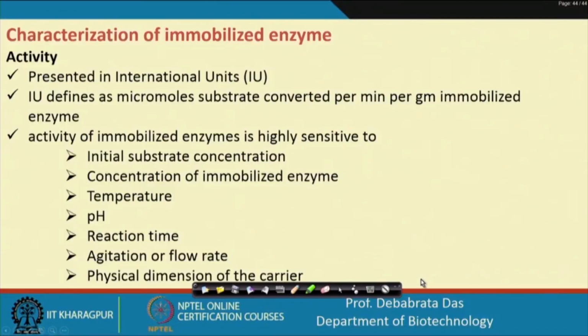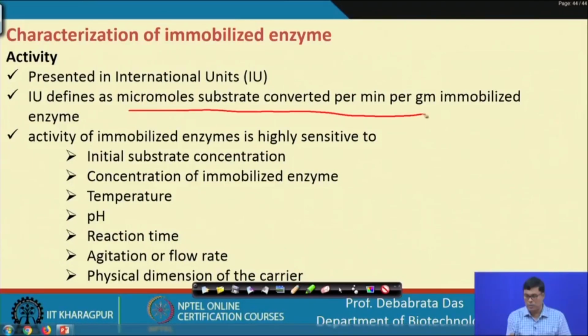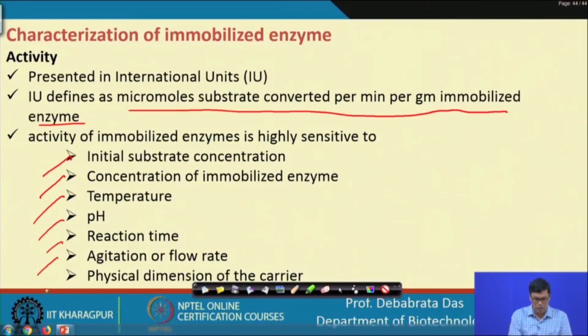Now the next question that arises, how do you express the activity of the enzymes. The activity of the enzymes can be expressed as micromoles of substrate converted per minute per gram of immobilized enzyme. This is how the activity is expressed, and activity of immobilized enzyme is highly sensitive. It depends on several factors. One is the initial substrate concentration, temperature, pH, reaction time, agitation or flow rate, and the physical dimension of the carrier.